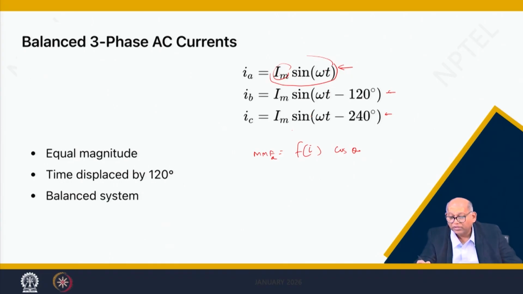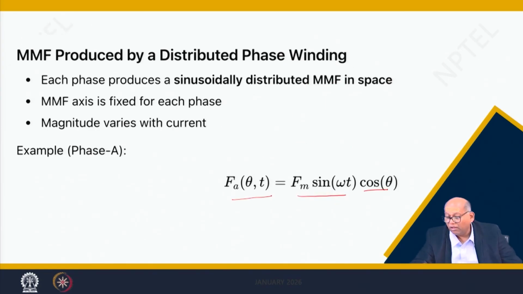All of them have Im. So, phase A MMF will be a function of theta and t. So, this sort of thing is called spatially pulsating, also time varying. So, this is a standing wave which is changing.